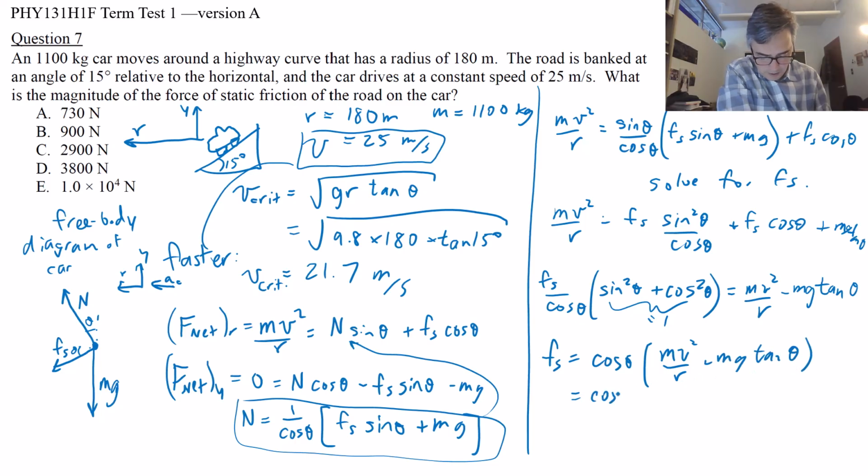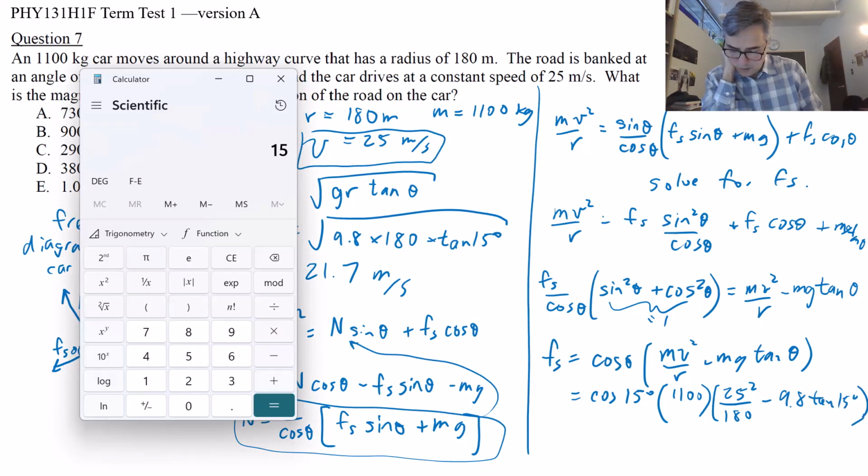So it's cosine of 15 degrees times 1100 kilograms times the speed, 25 squared over 180 is the radius, minus 9.8 times tan of 15 degrees.